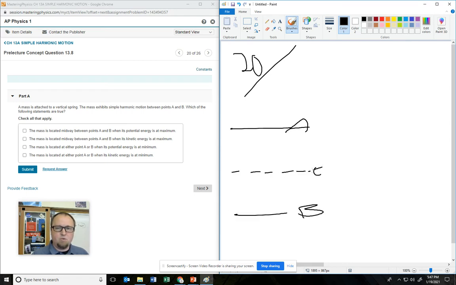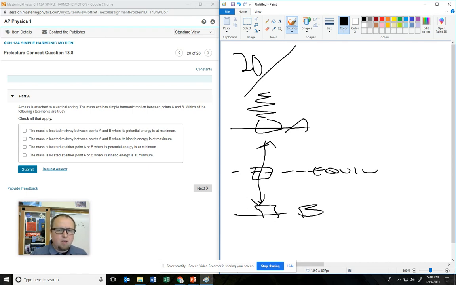This is going to be the equilibrium in the middle that the mass is going to bounce back and forth from. It's going to go in between these. When it's there, we have a huge kinetic energy. When I'm far away from it, I have all potential energy.